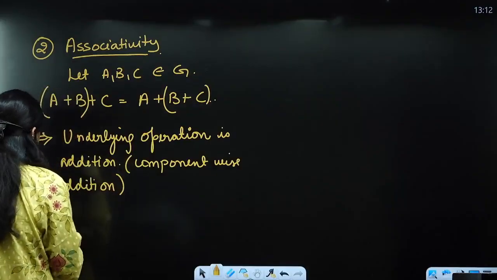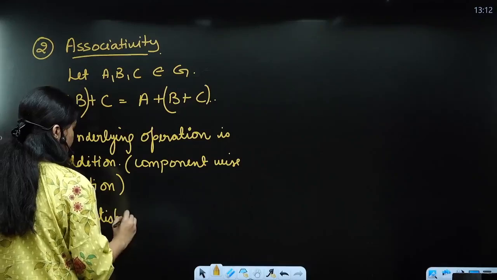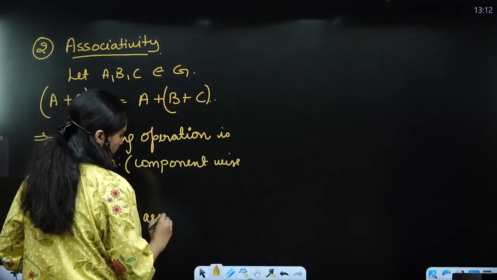So this implies that G satisfies associativity.